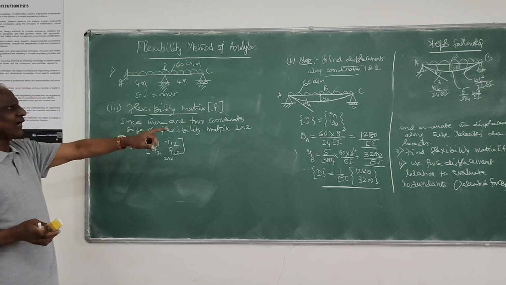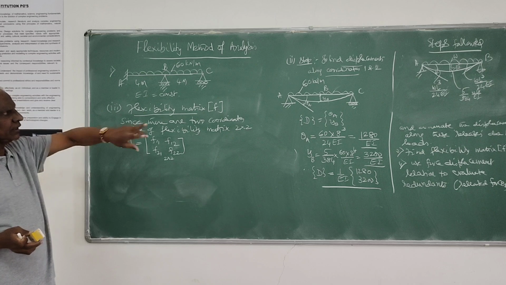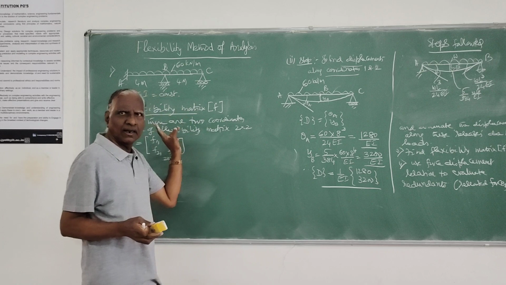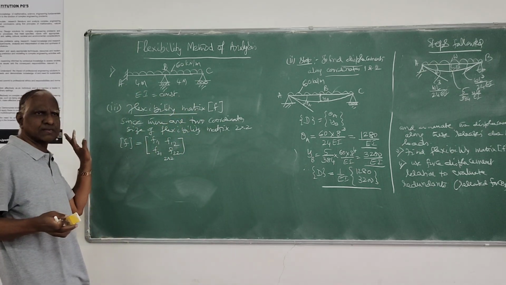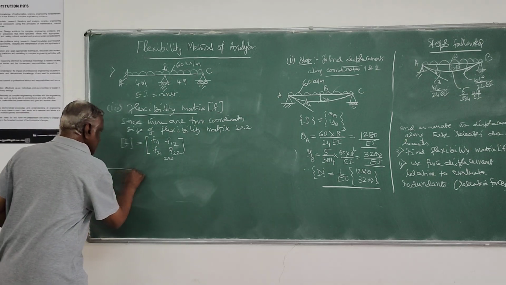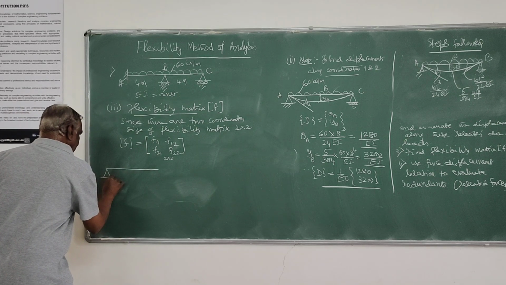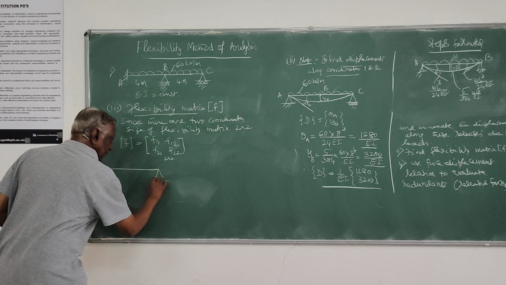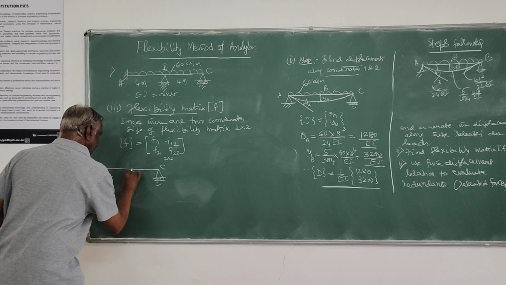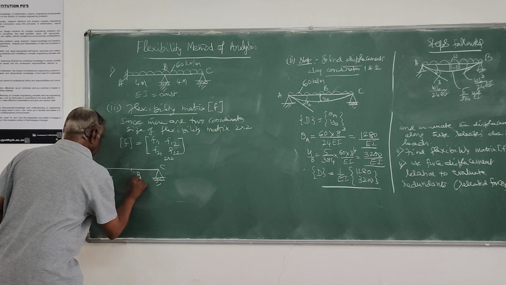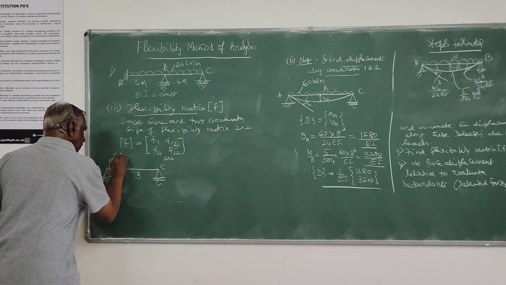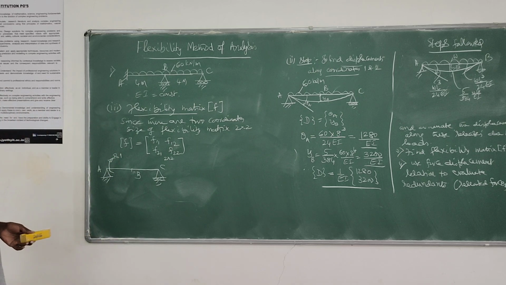That means now I have to apply unit force along coordinate 1 and coordinate 2 chosen, and find out the displacements on account of that. So first I will take the first coordinate, of course in the basic determinate structure only. So this is A, C and B is here. Now first I have to apply a unit force, P equal to 1, along the coordinate 1.